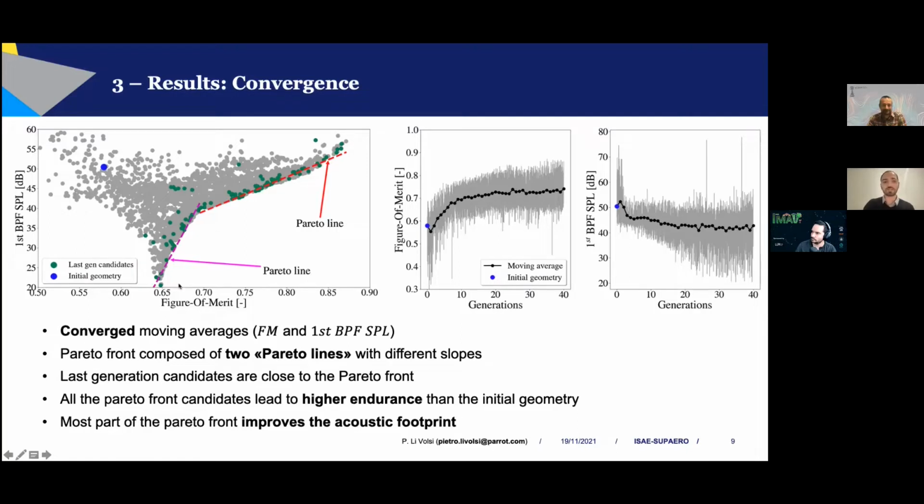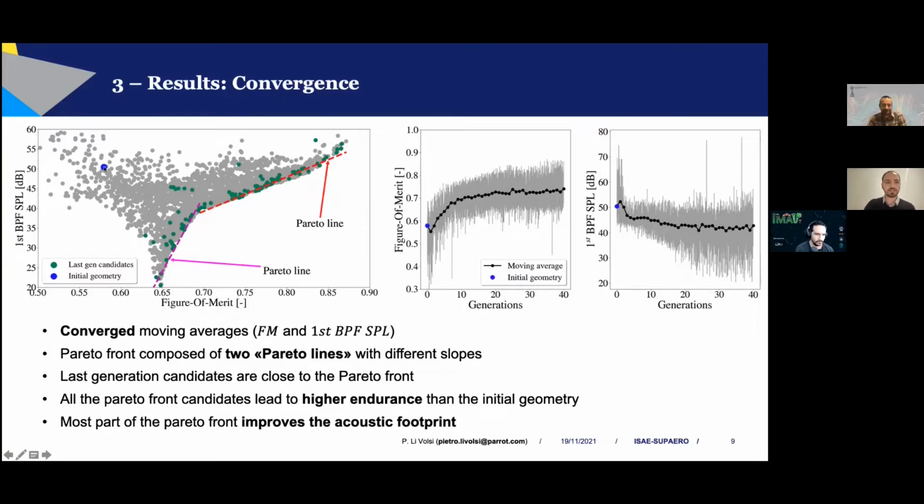This time, this Pareto front is different from the other one that we saw before, since we can clearly distinguish two different Pareto lines. We can also see that the green dots are the last generation candidates, and almost all of them are very close to the Pareto front.